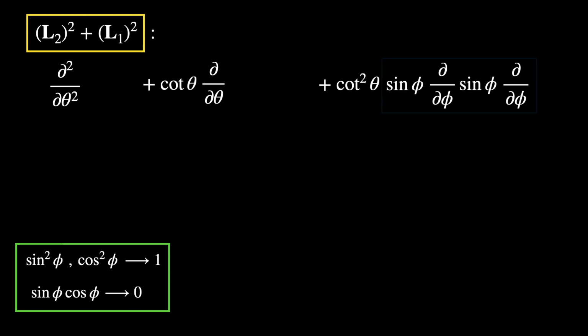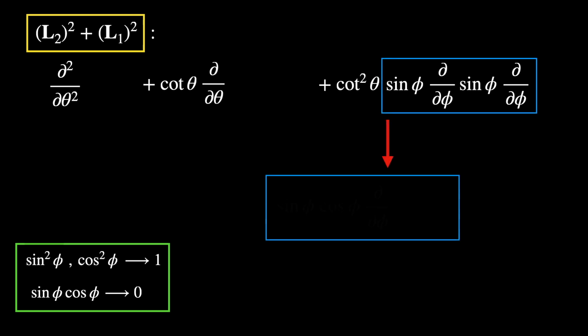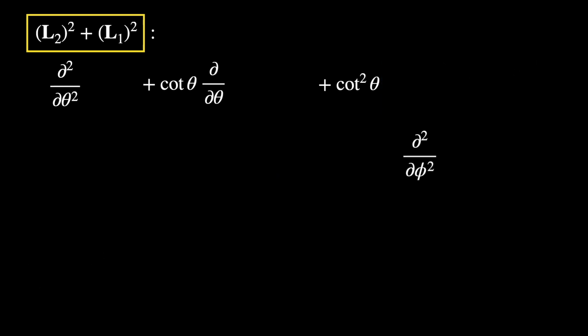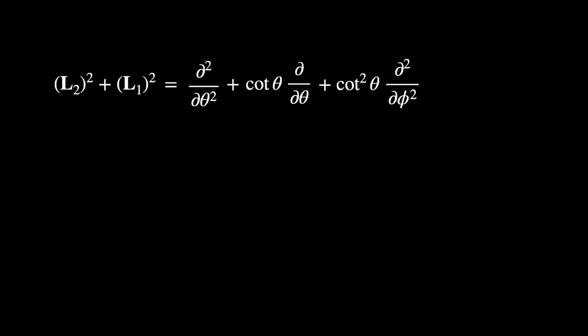Let's expand this term in the blue box, which is very similar to what we have just done. After applying the green box to this, we are left with just the double derivative of phi. There's an additional step we would like to do that would tidy things up a bit.